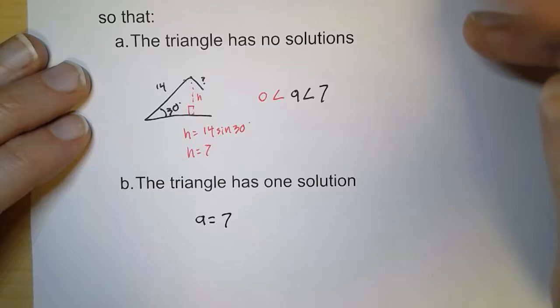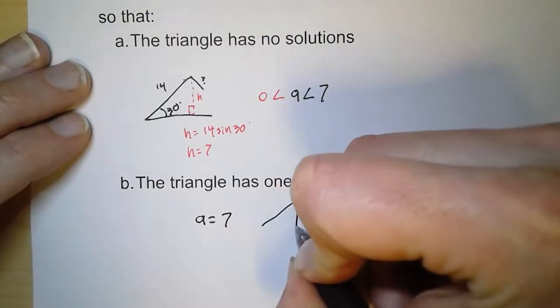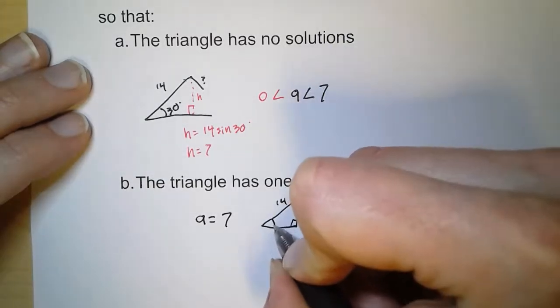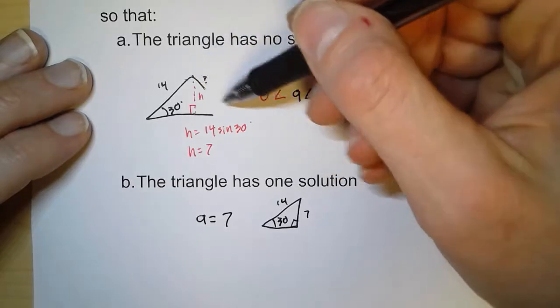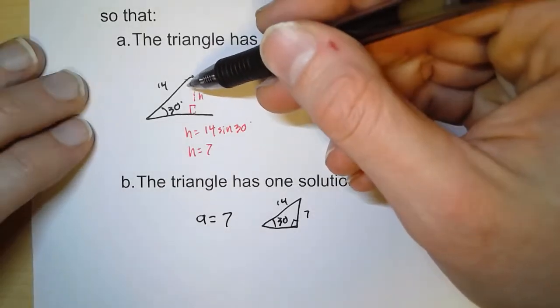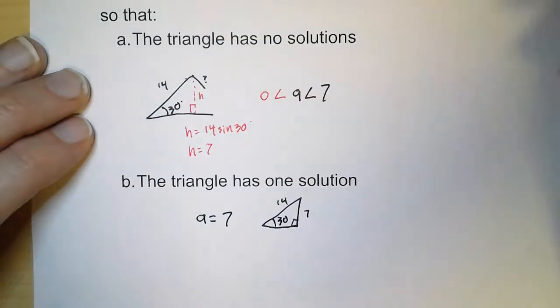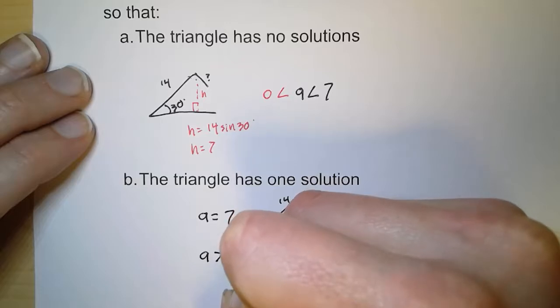There's one. But there's a second option. Besides this, the other option is that it could be bigger, but it can't be big enough that it fits, but also less than 14. So in addition, we also have to say that a is greater than 14.